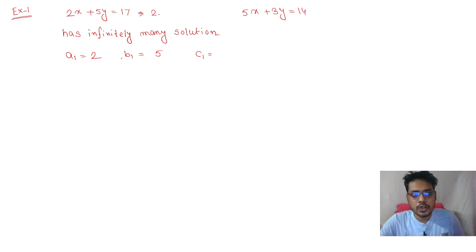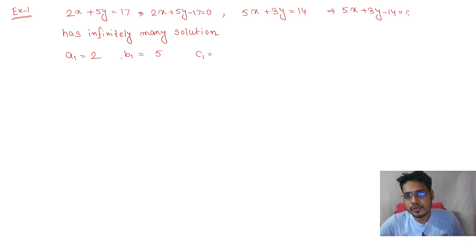You can write 2x plus 5y minus 17 equals 0, and you can write this one as 5x plus 3y minus 14 equals 0. Now c1 is here minus 17.